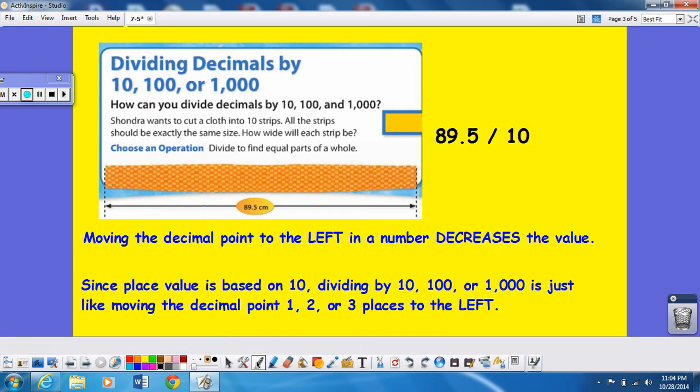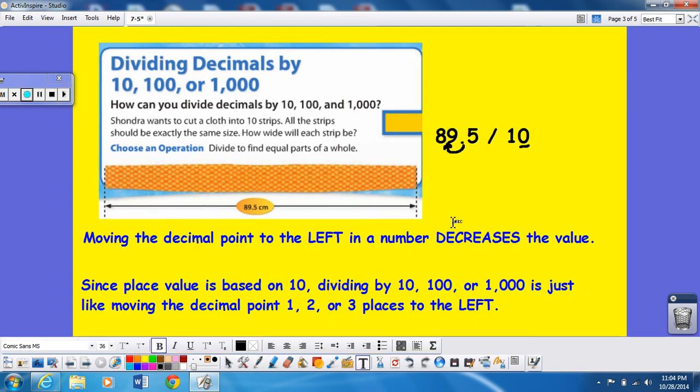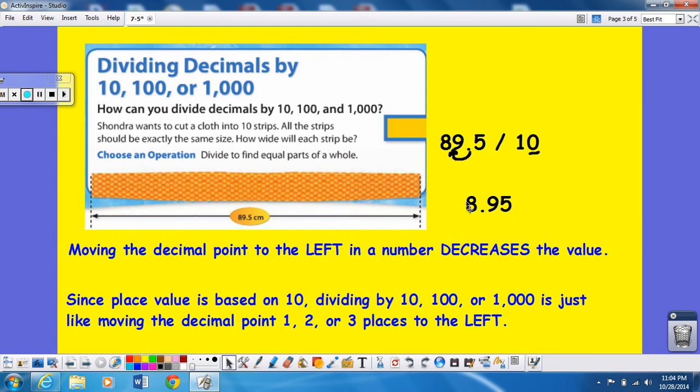So here's where the easy part comes in. Because we're dividing by 10, and there's 1 zero in 10, that tells me I'm going to move my decimal point 1 place back to the left. So that's going to make my answer 8 and 95/100ths. Now let's stop and think about that answer. Is that reasonable?